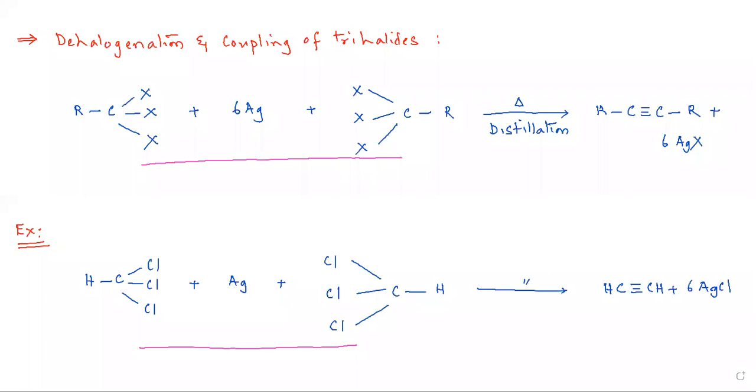So this is dehalogenation. D means removal. You have removed the halogen atoms using silver powder. Berthelot's synthesis used this in the preparation of methane.